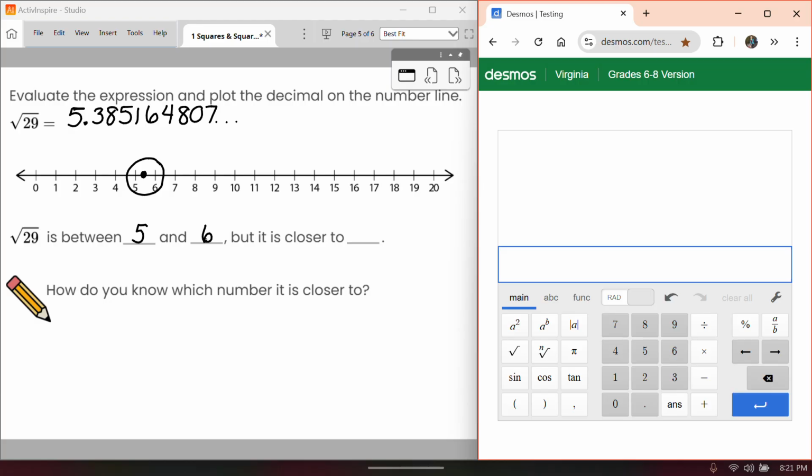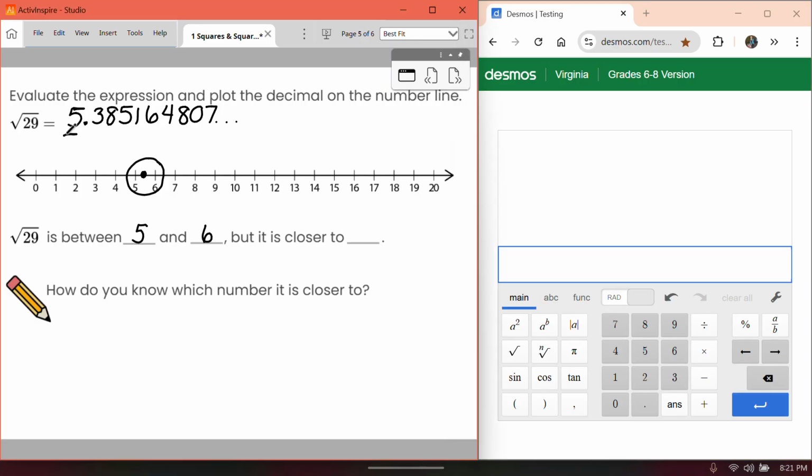You might be able to look at that decimal and just know it's a little bit bigger than 5 and it's less than 6. But I do like it because it reminds you that it has to be two consecutive numbers. You can't say it's between 5 and 10. That's true, but 5 and 10 aren't consecutive. They're not right next to each other. So that's what that means.